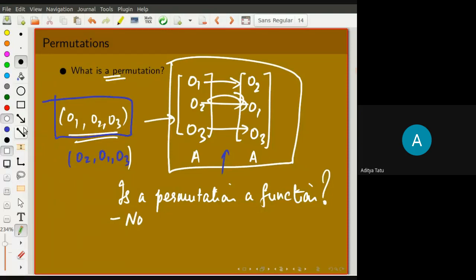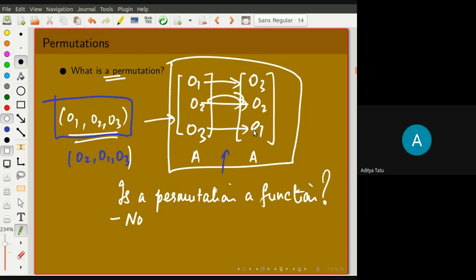So instead of this order, you give me any order you want, O3, O2, O1. This is also another permutation, different from the previous case. Can't I represent this as a function? Yes, sir. Any bijective function.